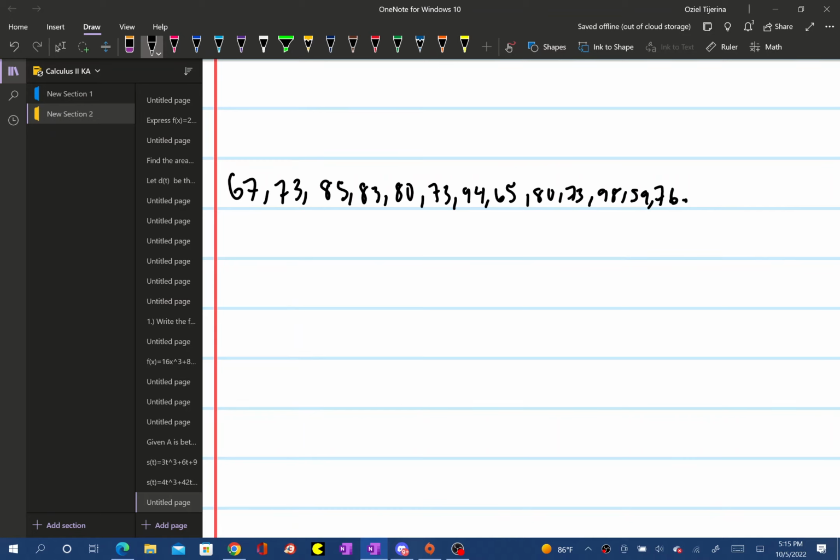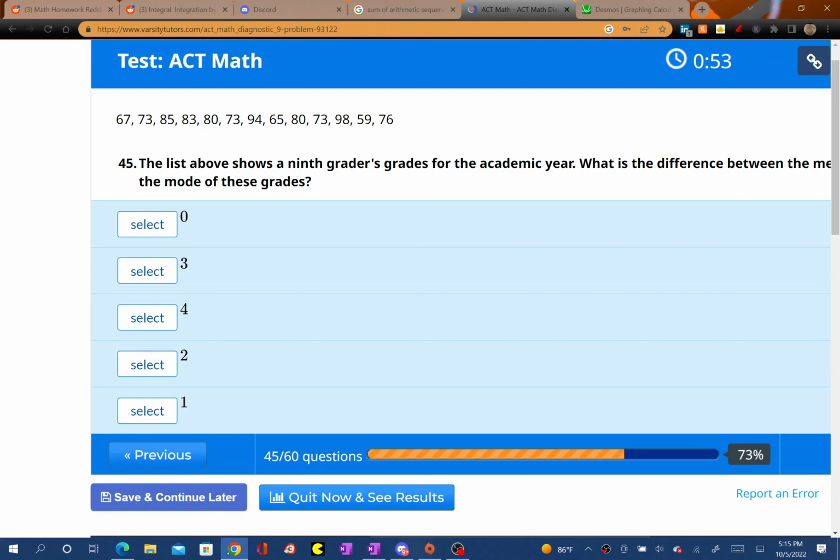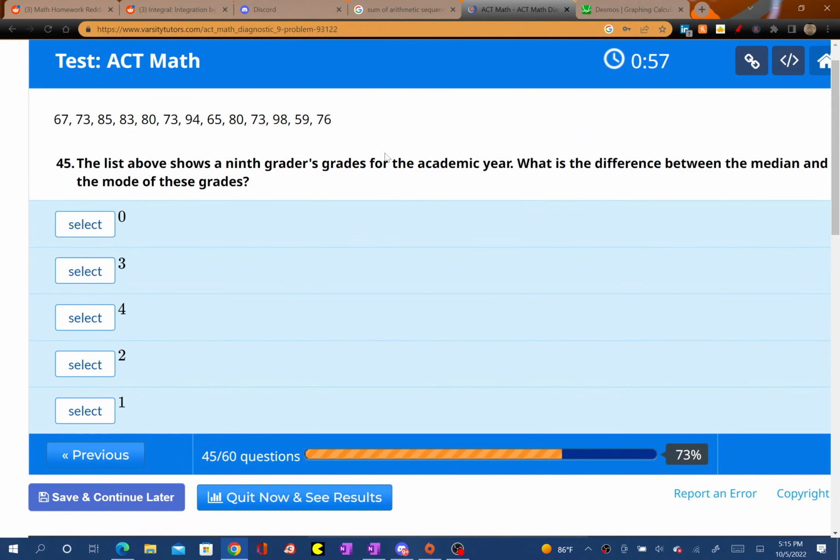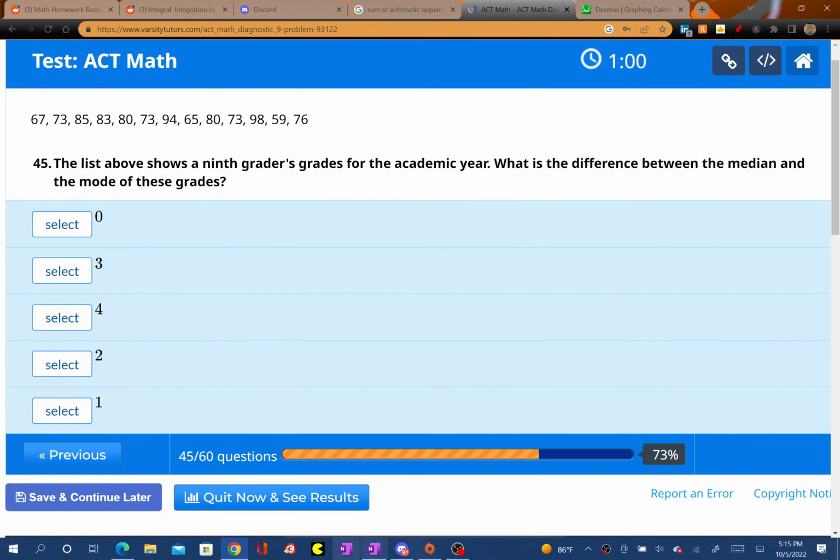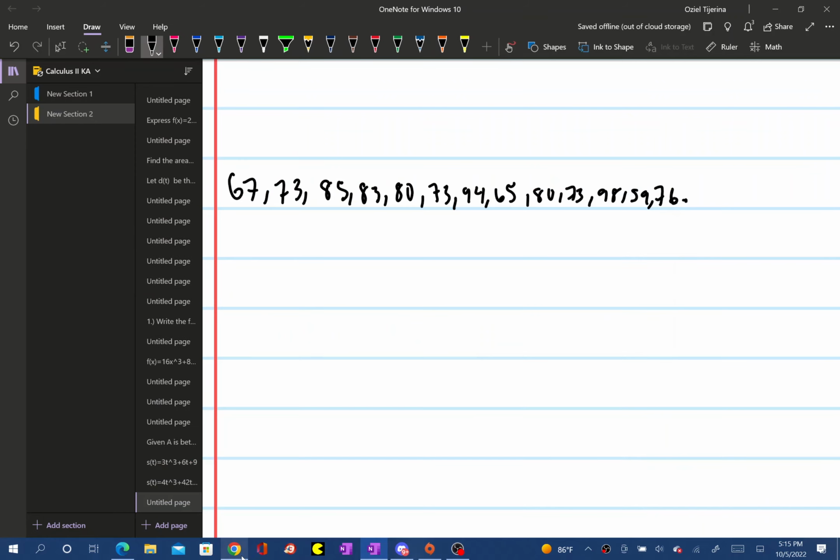Okay. And then it says, it's a ninth grader's grades for the academic year. What is the difference between the median and the mode?